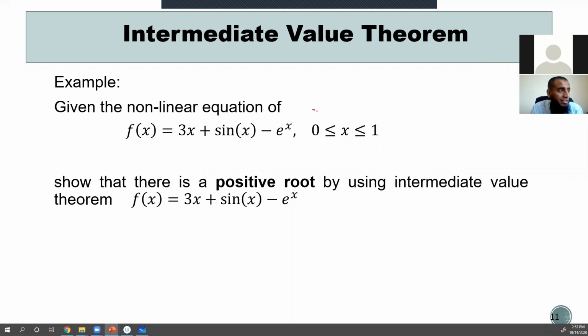So this is A and this is B. Okay, so try to enter the value of F0 and then F1. Cuba masing-masing buat, dapat berapa? Ni berapa, ni berapa?